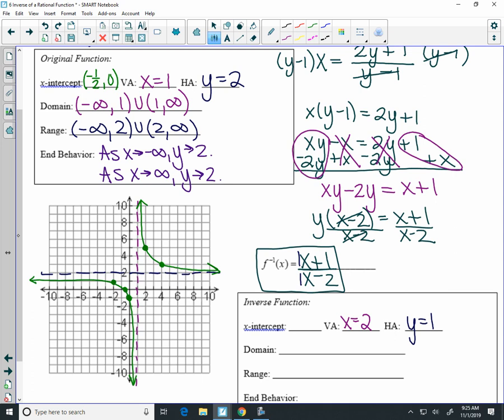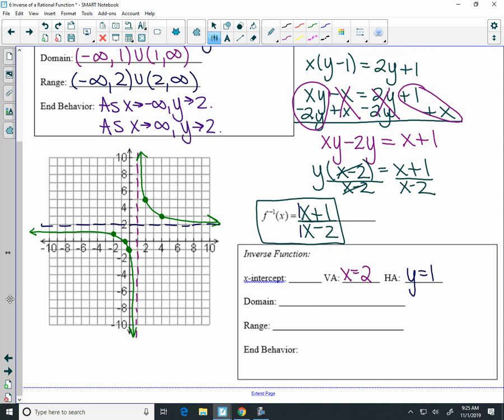All right, let's fill in the rest of the details. Our domain of our new function, our inverse, we're going to be excluding 2. Negative infinity to 2, to infinity.